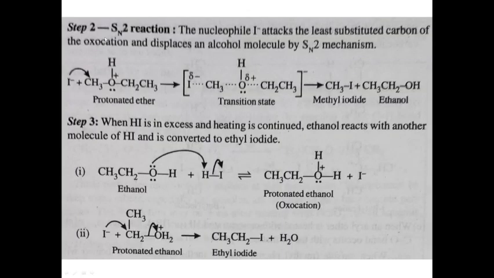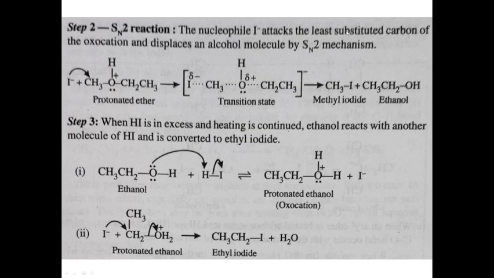And step 2 is an SN2 reaction. SN2 reaction means the nucleophile attacking the carbon from the backside, with simultaneous breaking and formation of bonds. The nucleophile I minus attacks the least substituted carbon. It is easier to attack the least substituted carbon, because if the carbon is more substituted, the steric strain and steric hindrance will be more.